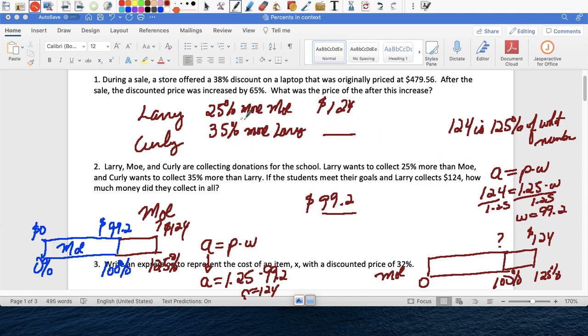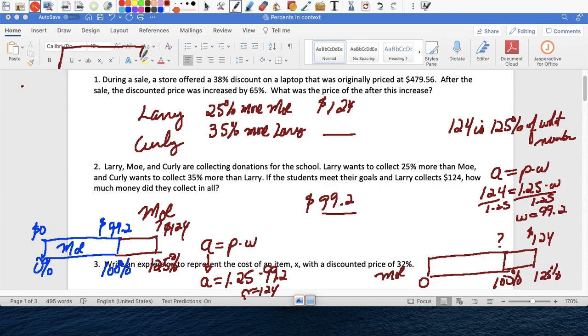So now we know what Mo has, $99.20. Larry has 25% more than Mo, so whatever Mo has plus 25% of that quantity included, which is 124. And then Larry has 35%. Sorry, Curly has 35% more than Larry. Well, let's find out what Curly has. Here's what Larry has.